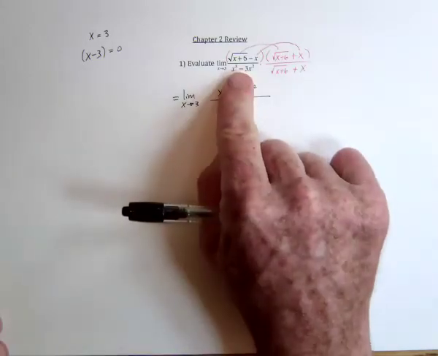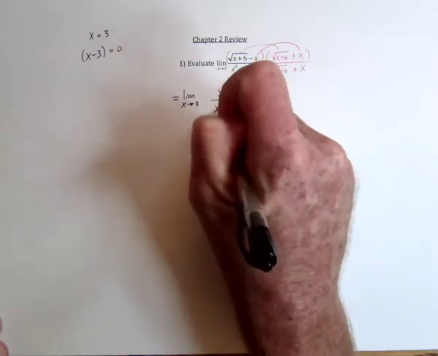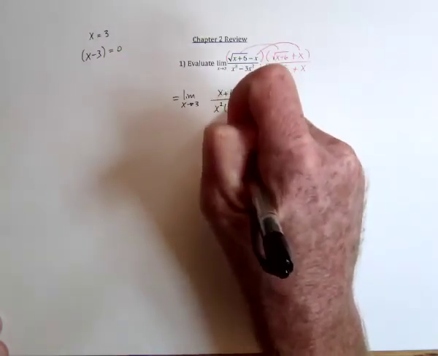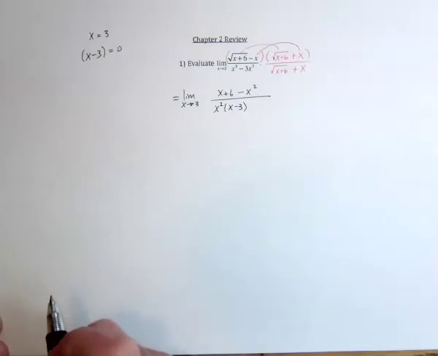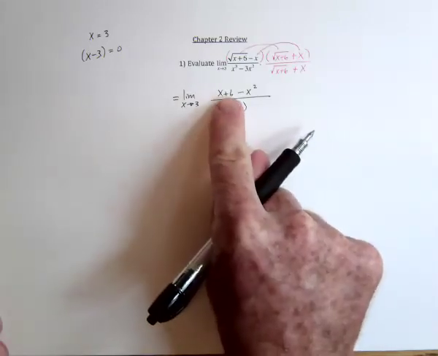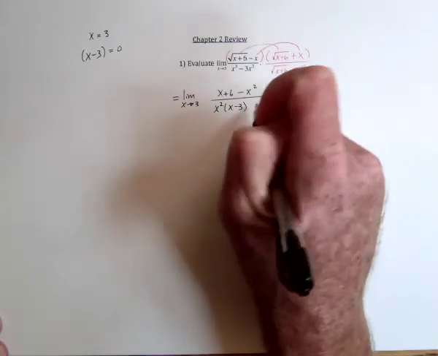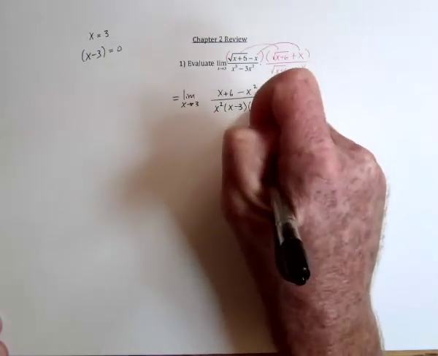So I'm going to factor this. I could factor out x squared, and what's left behind is an x minus 3 that's causing the trouble. Most likely one of the factors is x minus 3, and then we can cancel that x minus 3.